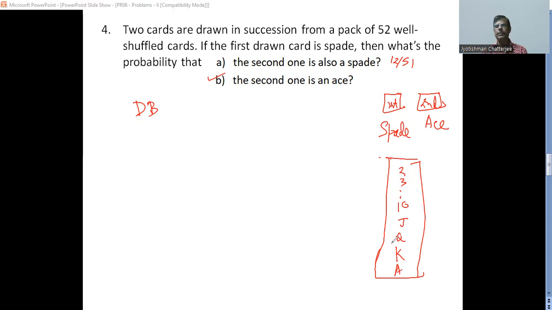Altogether, how many aces are there? There are 4 aces, one from each suit.